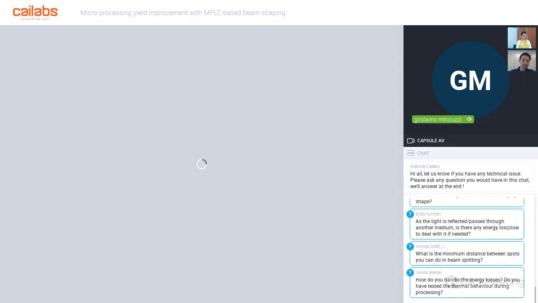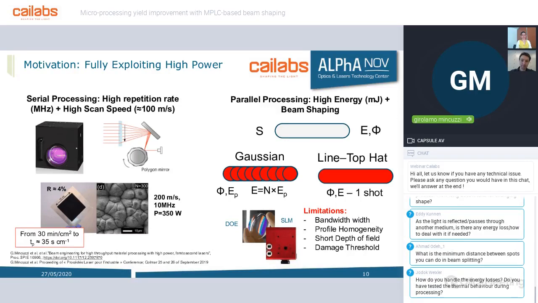There are several technologies to make a top-hat line. I will mention diffractive optical elements or SLM, spatial light modulators, but they have some limitations, like limitations due to the laser bandwidth, or homogeneity of the profile, which is not as good as we want, or the depth of field is too short, and sometimes they cannot withstand a high damage threshold.